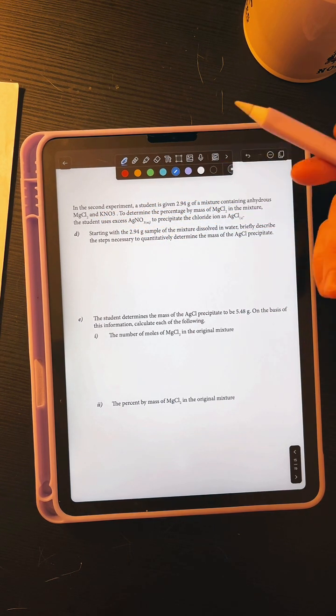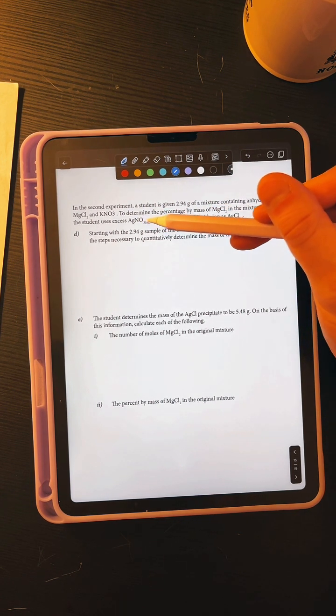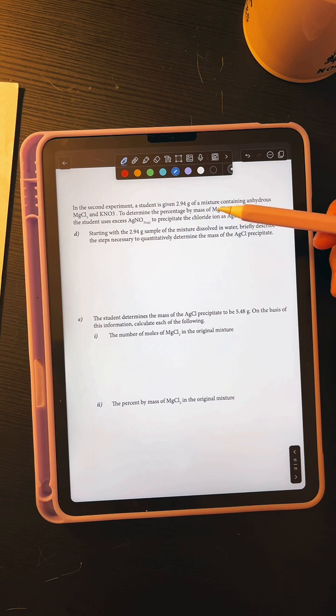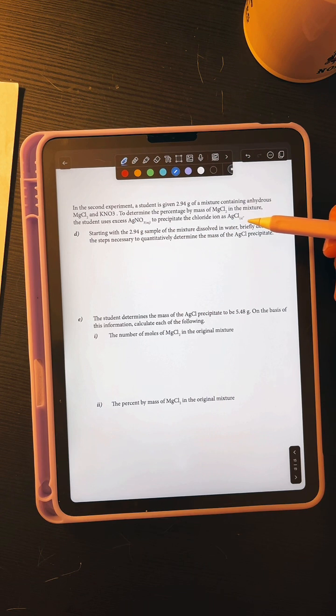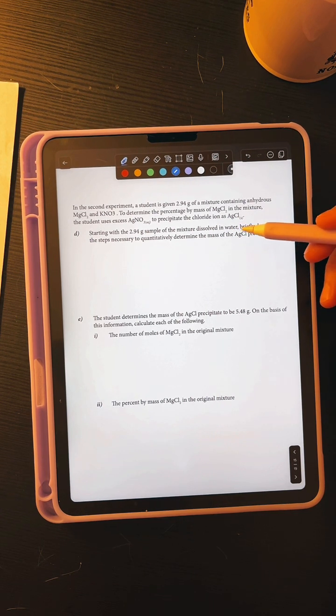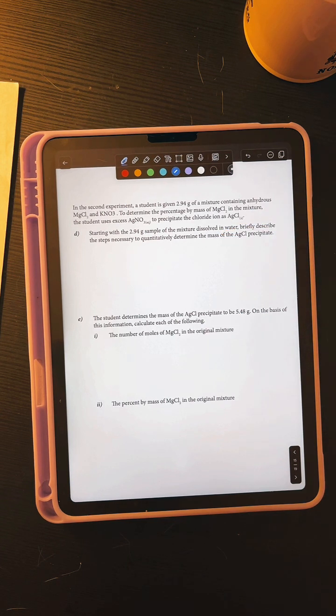To determine the percentage by mass of magnesium chloride in the mixture, the student uses excess silver nitrate to precipitate the chloride ion. Starting with the 2.94 gram sample in the mixture dissolved in water, briefly describe the steps necessary to quantitatively determine the mass of AgCl.